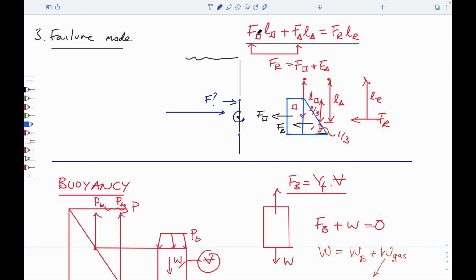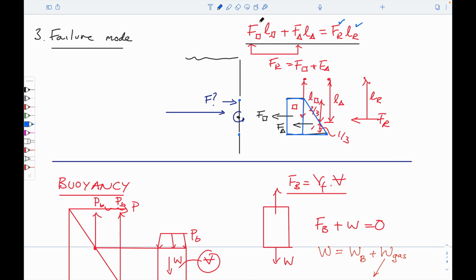And if you wanted to calculate the magnitudes of the relative lever arms for this entire distribution, the true forces acting on the system, then what you'd do is take moments around a particular point, which would be the force of the square area multiplied by its length of action relative to a point, plus the force due to the triangular distribution multiplied by its length of action relative to this point, and equate that to the total force, which would be the sum of F square and F triangular, multiplied by its lever arm.